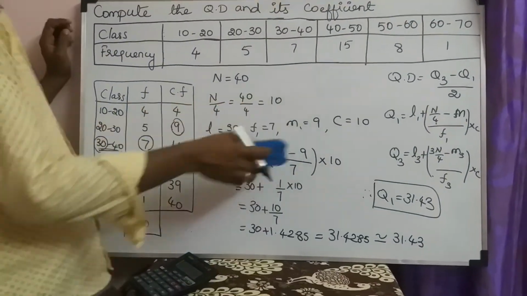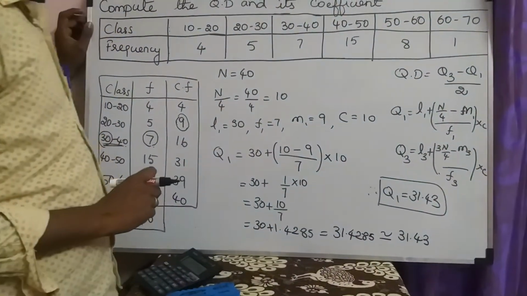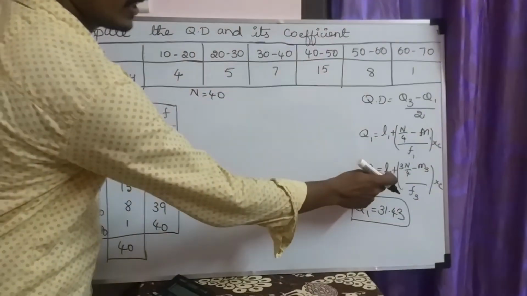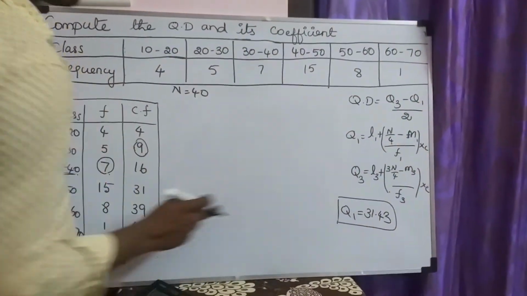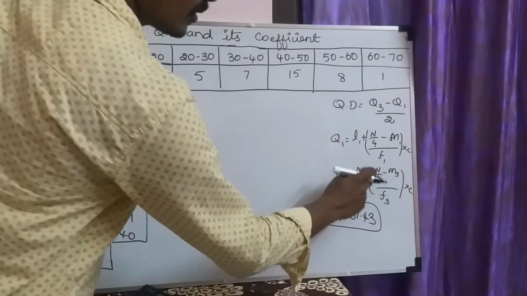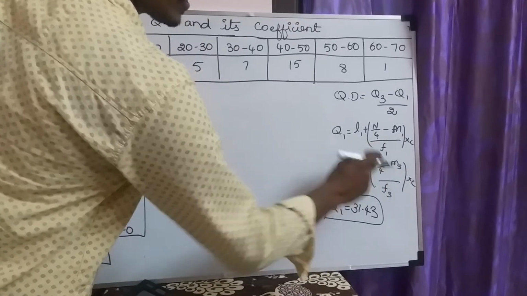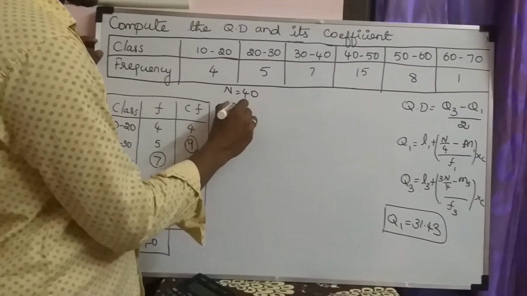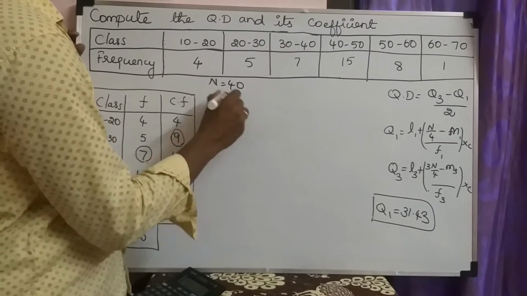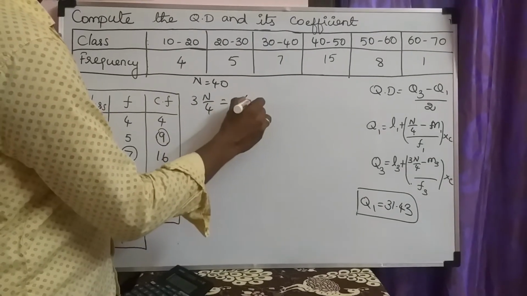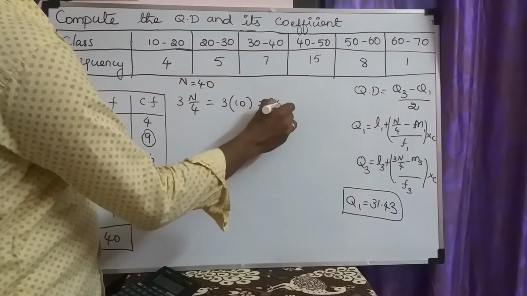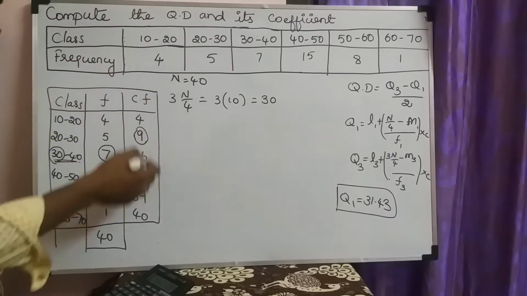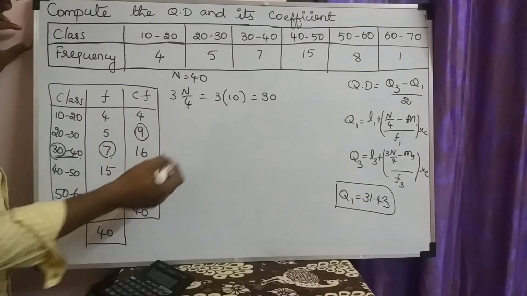Okay, next we are going to find Q3. Q3 is L3 plus 3N by 4. Before that, we are going to find 3N by 4 first. See, we already found N by 4 is 10. 3 into 10 is 30. Now check whether 30 is in CF or not. 30 is not there.